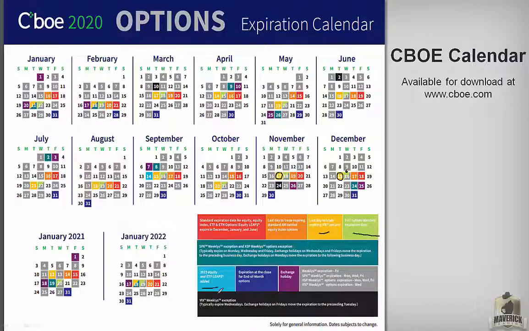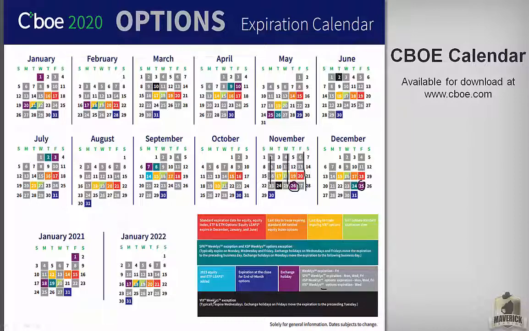You've got leaps options out there. Here you've got exchange holidays in purple. So if you're wondering when our next holiday is that the market's closed, right there for Thanksgiving, and right here for Christmas is on the calendar, and so forth. Here you've got those expiring all over the place options in gray. So notice all the grays on the Mondays and the Wednesdays and the Fridays and so forth.